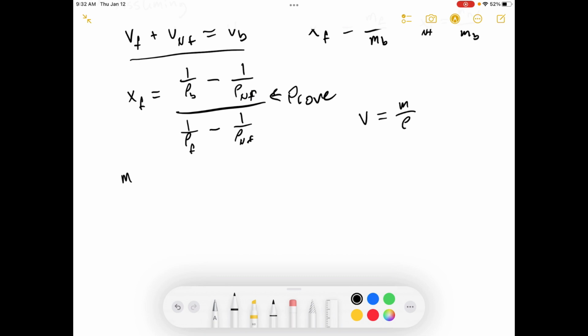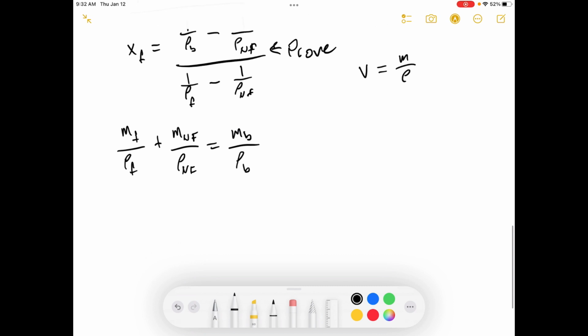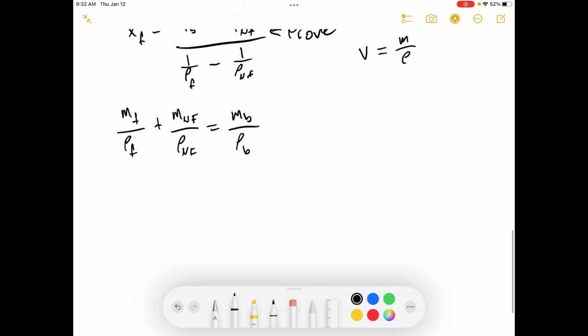Okay, so let's substitute that in. We've got a mass of fat over density of fat plus the mass of non-fat over density of non-fat. Then let's divide this equation by the total mass of the body so we can start working in the mass fractions. Okay, so we're left with 1 over the density of the body.